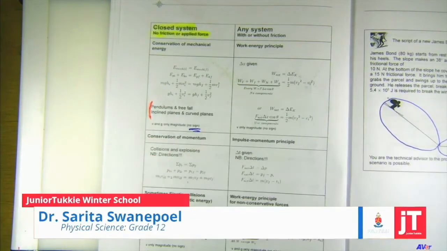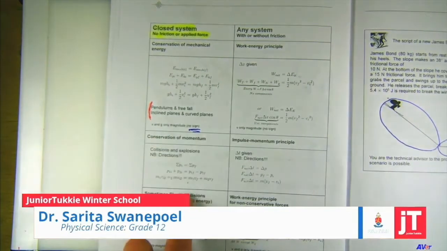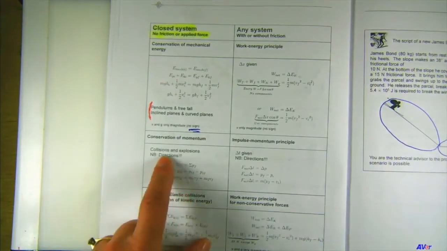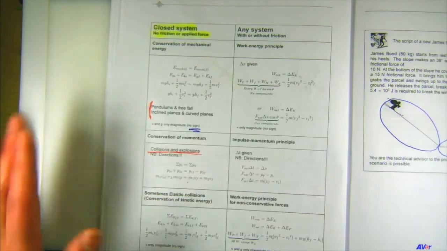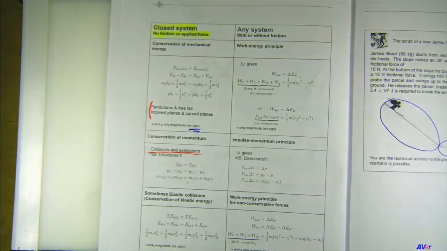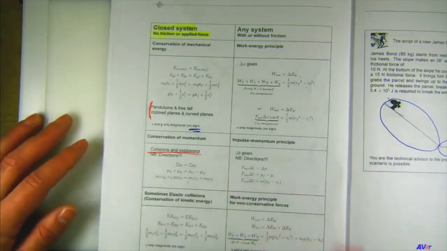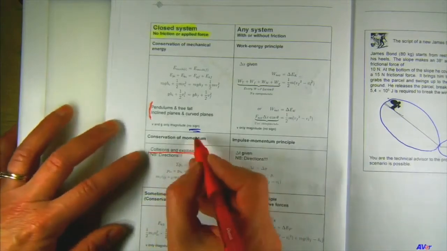So when do I use conservation of momentum? Collisions and explosions. Any collision, any explosion, you don't even have to think about it. They may not include friction because then you can't do it. So we work with a closed system. But here is the catch. What is the catch always when we work with momentum?